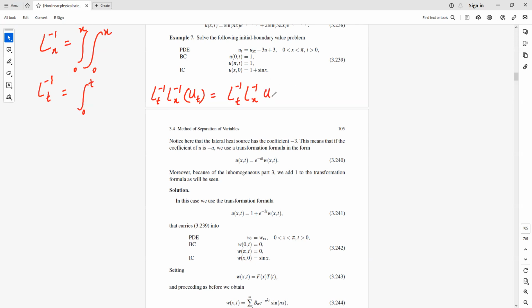So we have applied the inverse operators on both sides. Therefore, now we can expand and solve this problem.